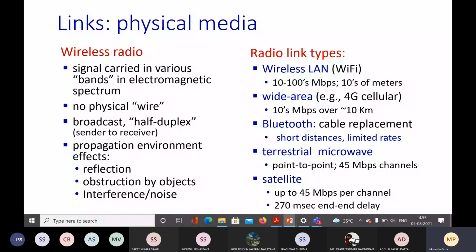They provide large data rates, up to 45 Mbps per channel. That's a very high data rate. They do not provide less delay; they provide quite a bit of delay, which is the end-to-end delay because of the distance that needs to be covered. That is around 270 milliseconds.